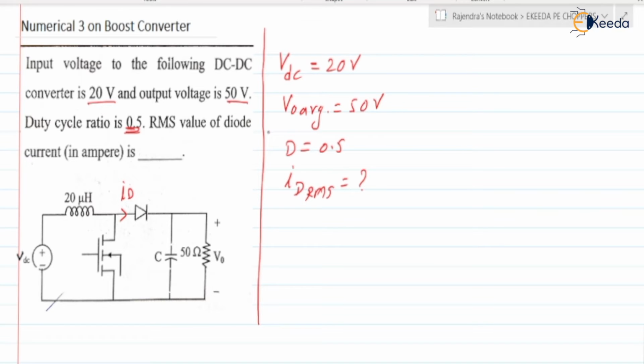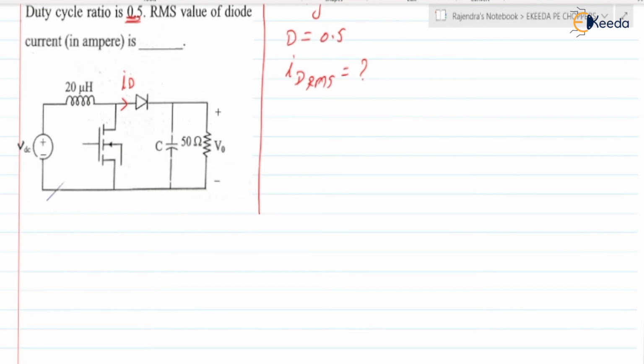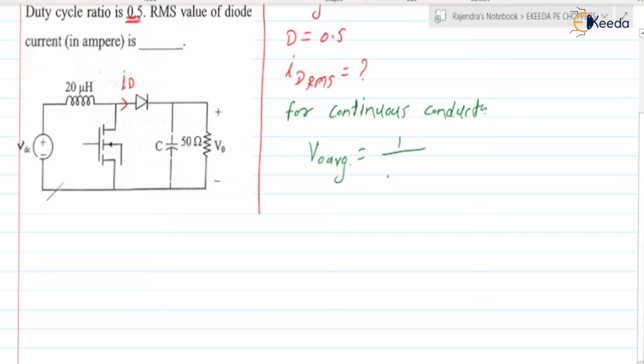For continuous conduction, V0 or V0 average is equal to 1 upon 1 minus D into VDC. If we use this D, it is 1 upon 1 minus 0.5 into VDC, which is 20, so it will be equal to 40 volt.